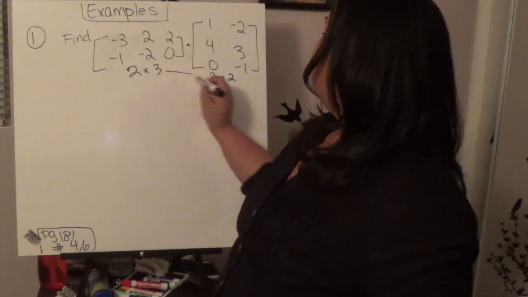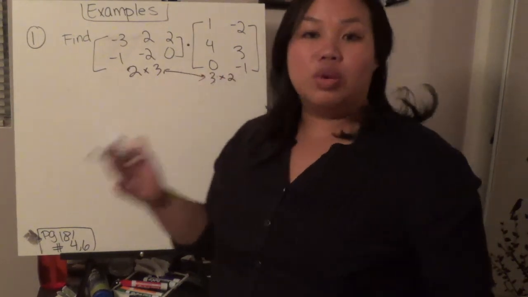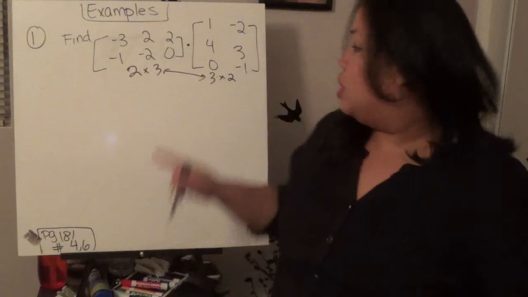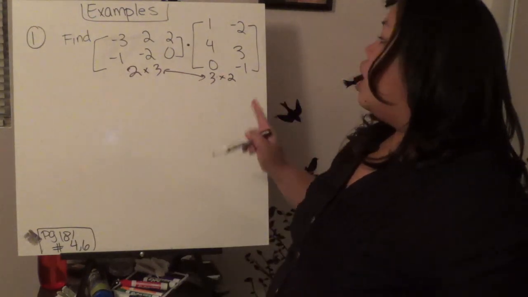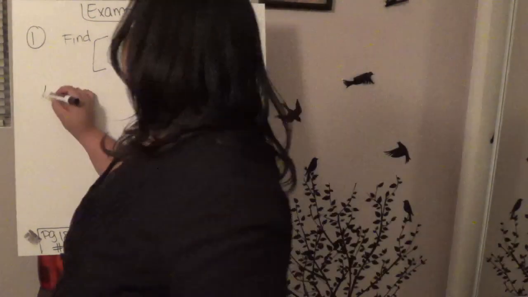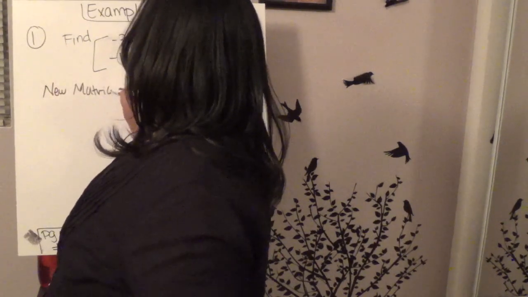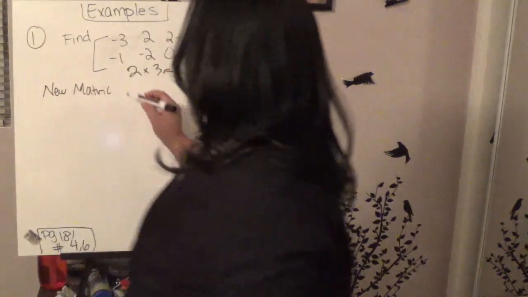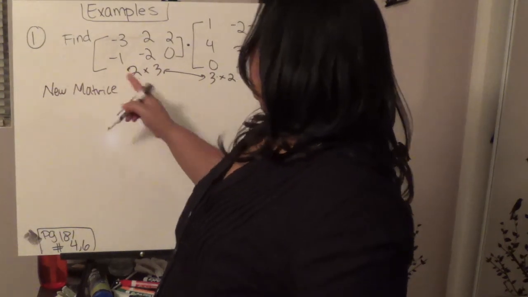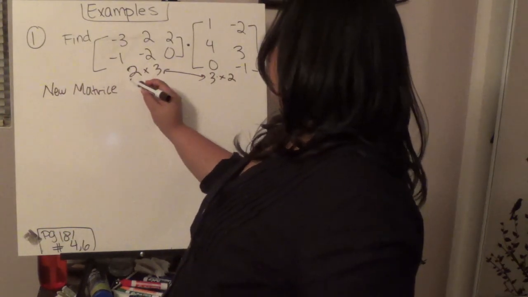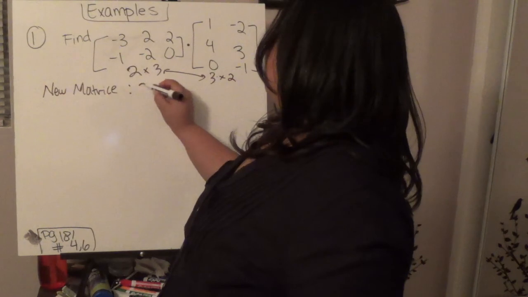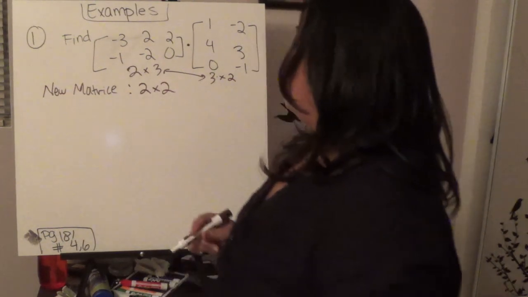So these numbers are the same, so can we or can we not multiply them? Well, yes, because this is 3, we can multiply them. But our new matrix is going to be the outside numbers, which is going to be a 2 by 2.